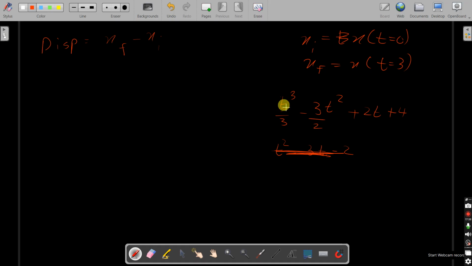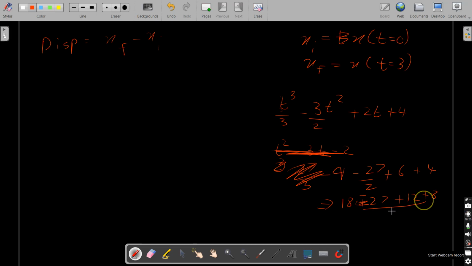So position will be, let us just substitute 3 here. 3 cubed will be 27. 27 by 3 minus, I will write 9 here because it's divisible by 3. 9 minus 27 by 2 plus 6 plus 4. So this will be 18 minus 27 plus 12 plus 8 upon 2.